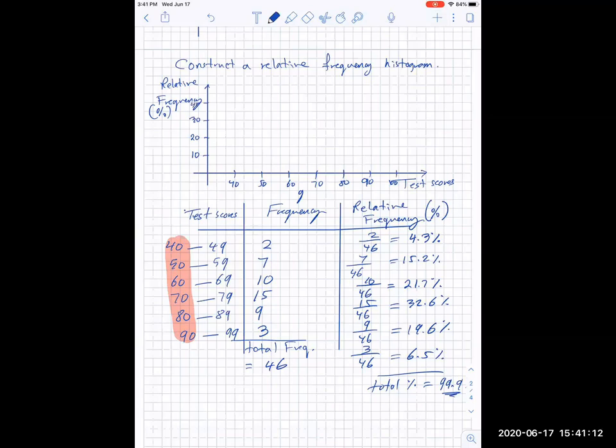The first percentage I have is 4.3, 15.2, 21.7, 32.6, 19.6, and 6.5.